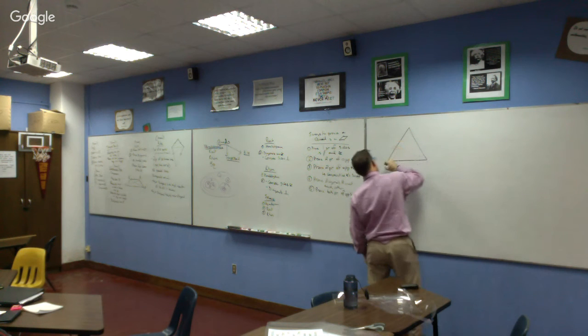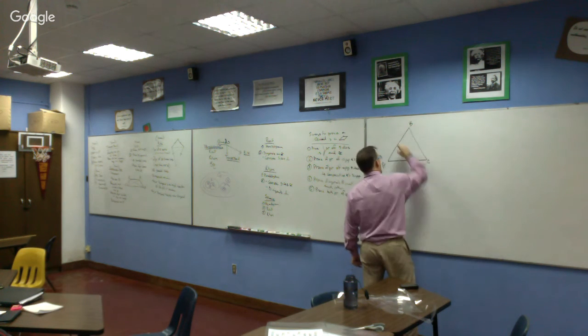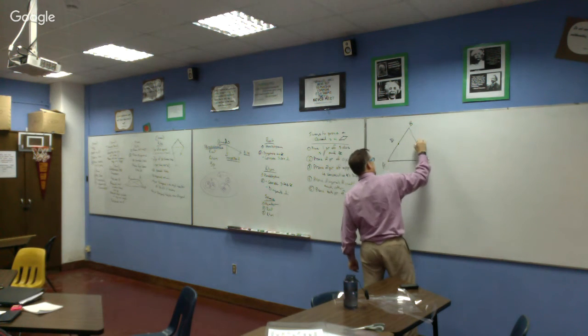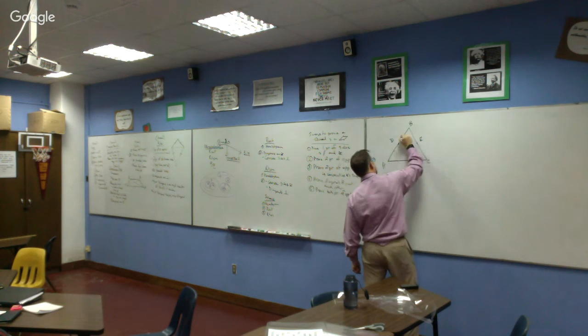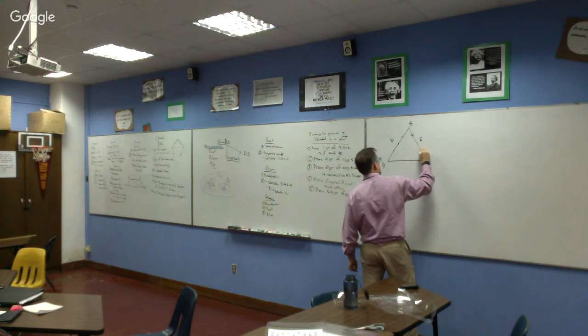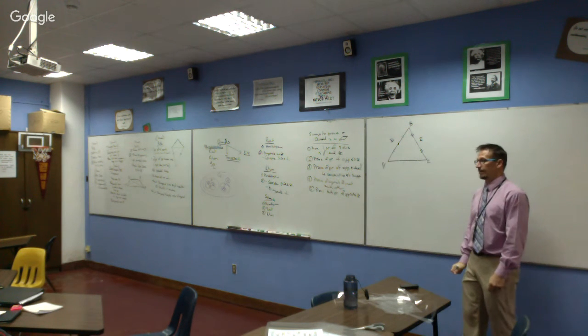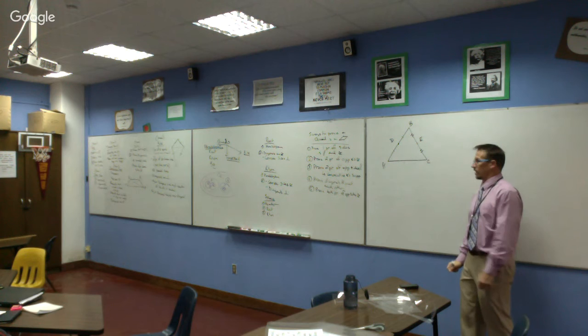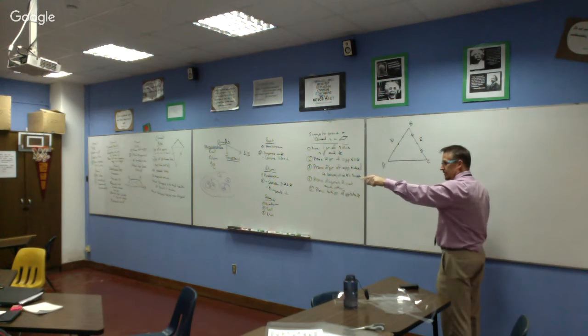What happens if I have these two points D and E that are the midpoints of those sides?